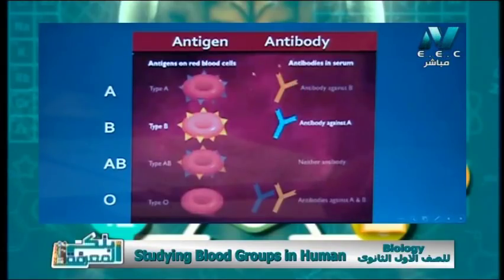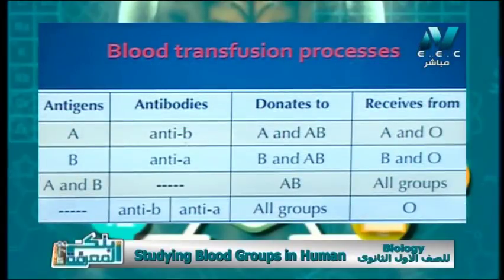Blood group A has antibodies against B, blood group B has antibodies against A, the blood group AB has no antibodies against any of them, and the blood group O has antibodies against A and B. This table shows how we can carry out the blood transfusion.